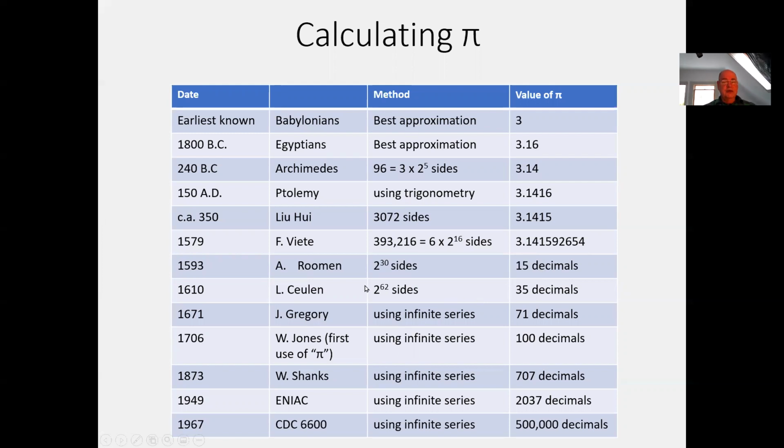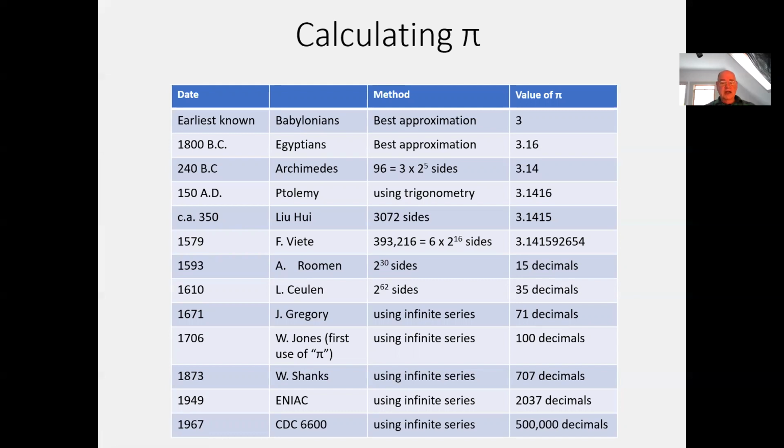Then there's a jump. People stop using this, and it is no coincidence that this is the invention of the calculus. And once we have the invention of the calculus, one of the pioneers of the invention of the calculus, Gregory, started using a new method in the calculus of infinite series. And you can see where right away he begins to double the number of decimal places of pi.